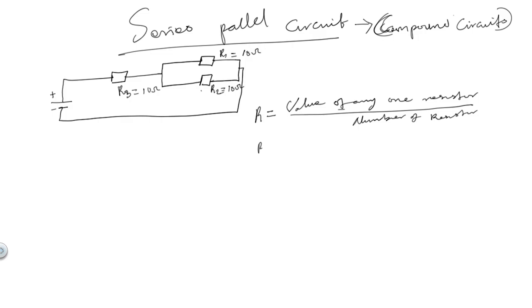So here R is equal to 10 ohms over 2, which is equal to 5 ohms.